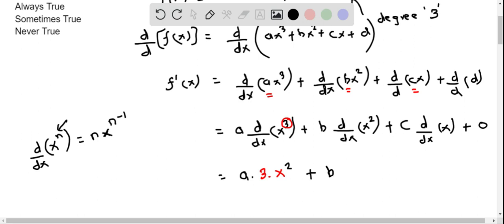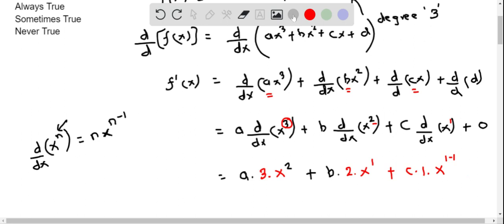And similarly, I have the constant b, and here I have the power as 2, so I'm going to put the 2 in front, x raised to the power of 2 minus 1, which is 1, plus c times. Here you can consider this x as x raised to the power of 1. So once again, I'm going to put the 1 in front and raise x to the power of 1 minus 1. Then we have this constant 0, so we don't need to put that.